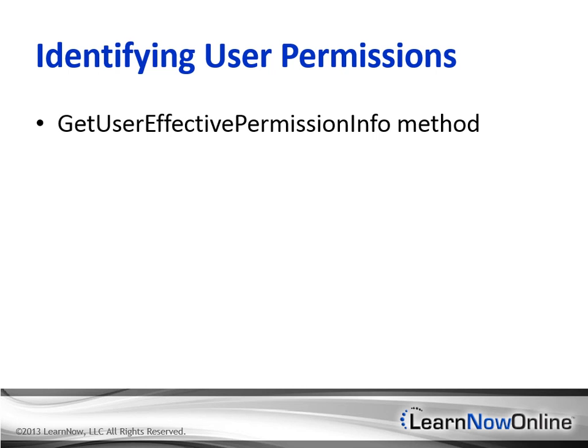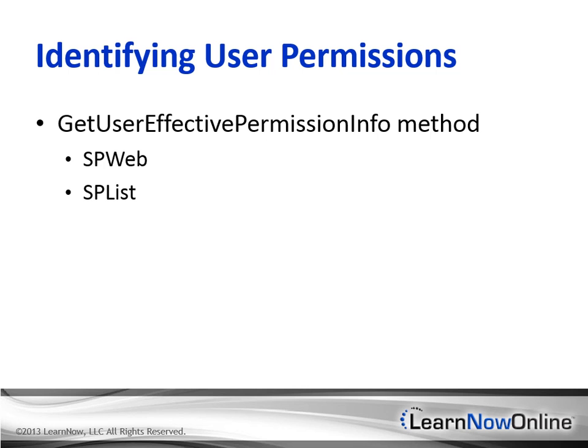The SPSecurableObject abstract base class defines two methods that return information about a user's permissions for a given object. The first one is GetUserEffectivePermissionInfo. What that returns is an SPPermissionInfo object that contains both the SPBasePermissions and the role assignments.